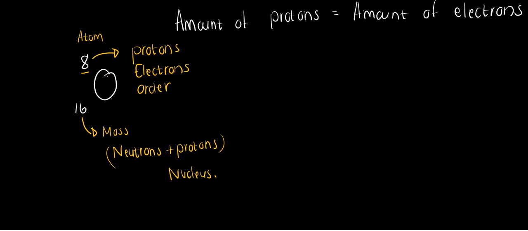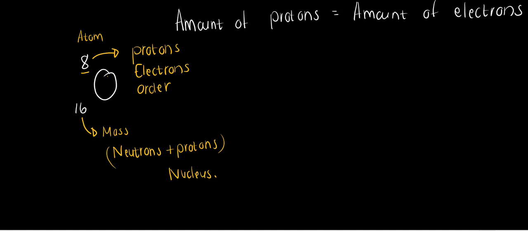How many groups do we get in your periodic table? 8 groups. So all of your atoms actually want to be in the 8th group. Why? Because it has a full valence shell. There's no open spaces for electrons to come in or be gained.